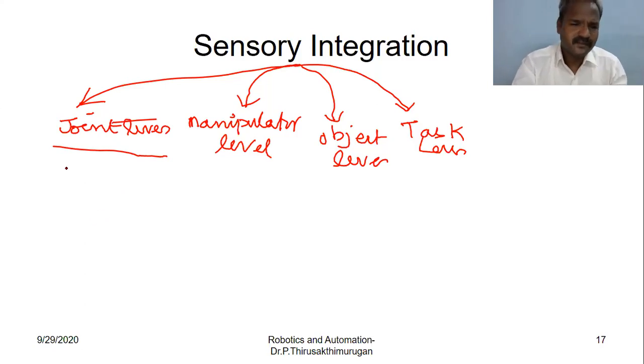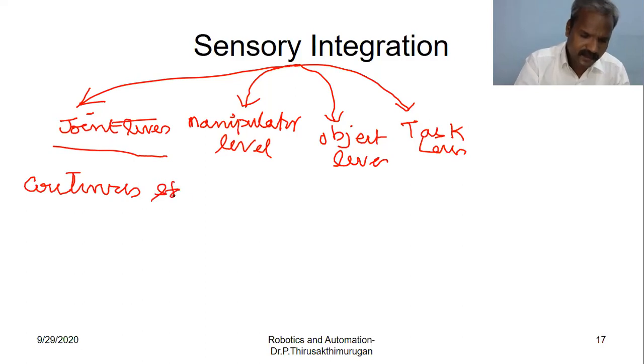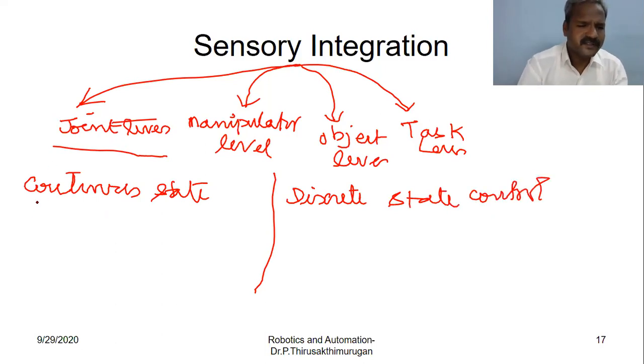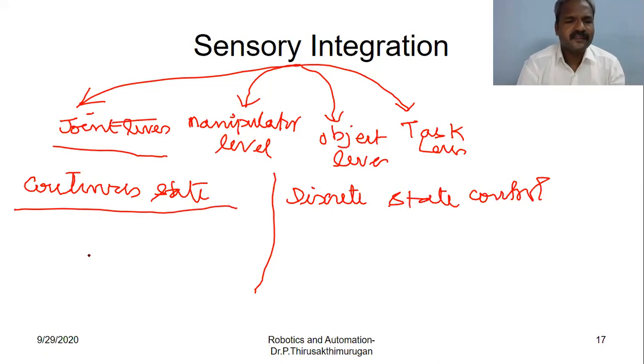See, there are 2 types of control system: continuous state control system, and another one, discrete state control system. So what is a continuous state control system? Okay, what is a controller?